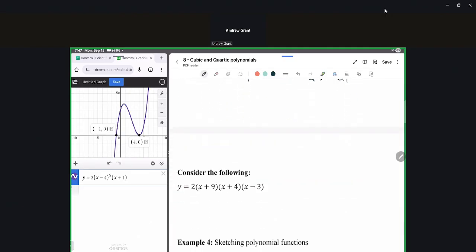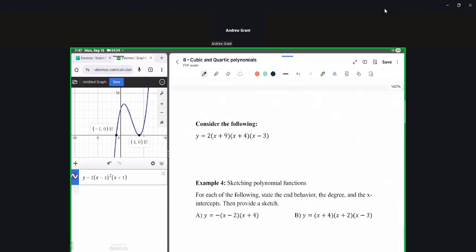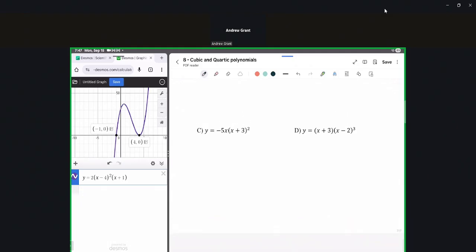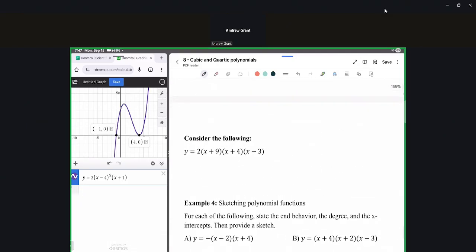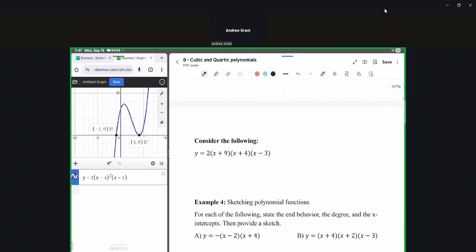Okay. The last section we're going to be looking at here is actually sketching some of these things. So we're gonna sketch 4 of them, and we can use Desmos to check these for us if you would like. Probably not this first one because it's going to go. No, we'll check the first one. So here, when I have a look at this one, I've got y is equal to 2 times x plus 9 times x plus 4 times x minus 3.